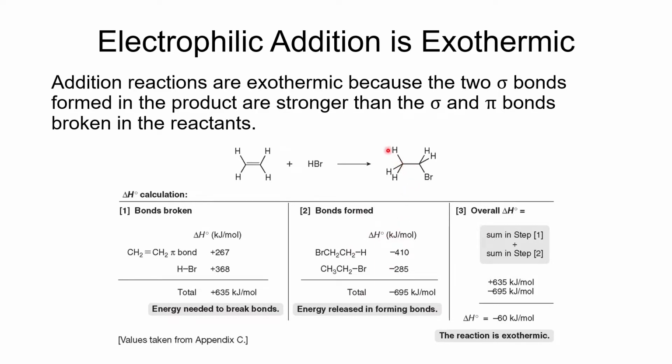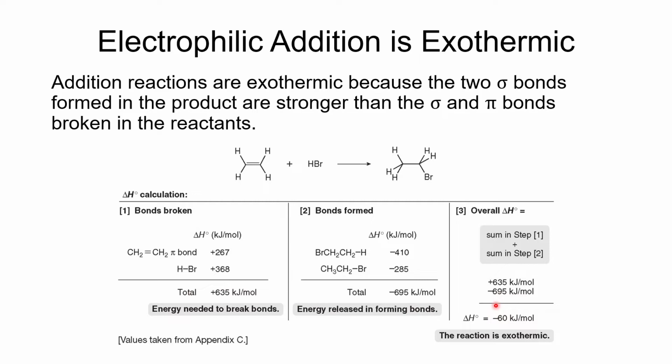So there is the hydrogen-carbon bond, and in this molecule, it's worth about 410 kilojoules per mole, so negative 410. And then for the carbon-halogen bond, in this case carbon-bromine, is worth 285, so again, negative. We add those together, we get negative 695, and when we add these two values together, we get negative 60.